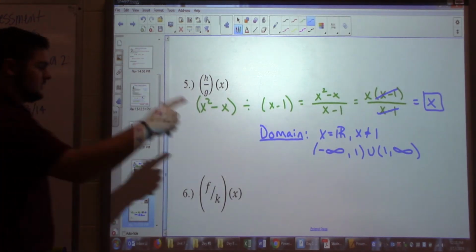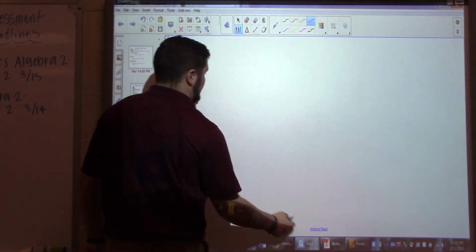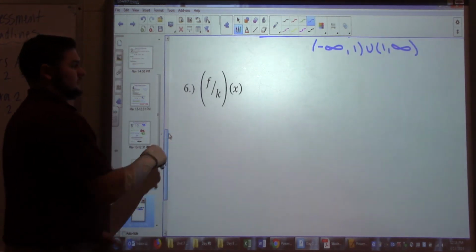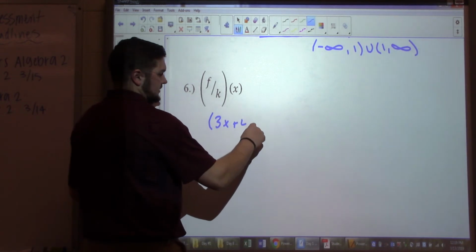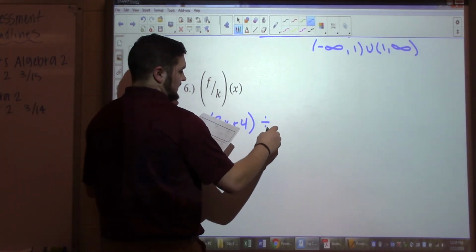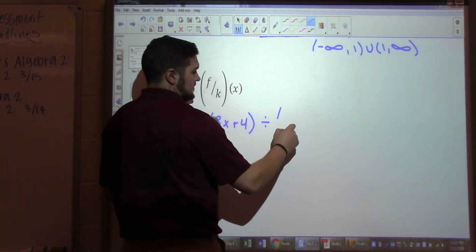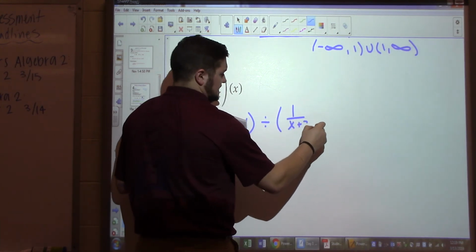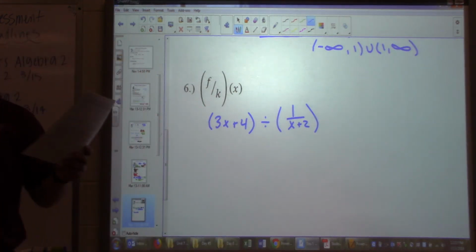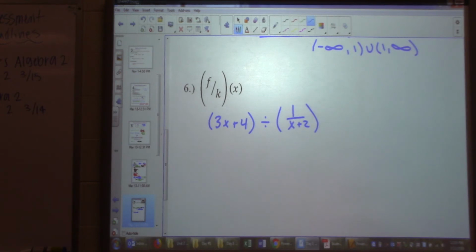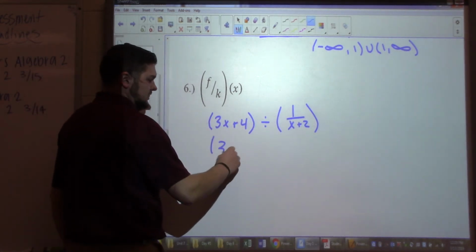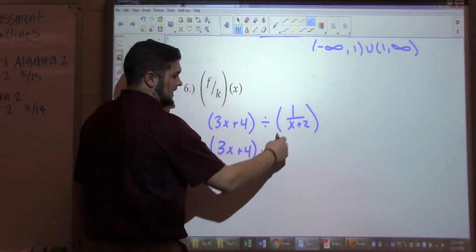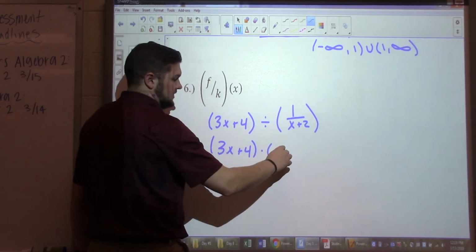Alright, one more. F of x divided by k of x. So if I write that, f of x is 3x plus 4, divided by k of x, 1 over x plus 2. How do we divide by a fraction? Multiply by the reciprocal. So I'm going to turn this to multiplication times the reciprocal, so x plus 2.